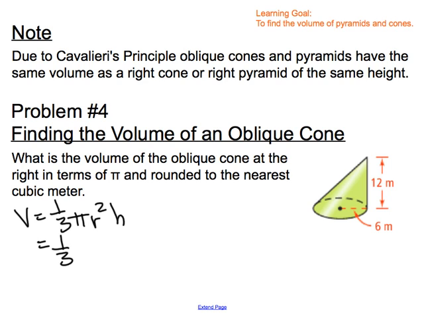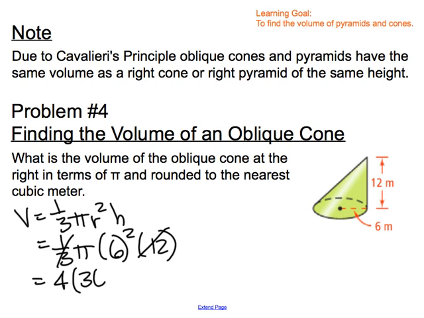So in this case, we have 1/3 times pi. The radius here is 6. We're going to square that. And we're going to multiply that by the height of 12. Here again, I would take the 1/3 of 12, and I would say that that's 4. 6 times 6 is 36, and I'd multiply that by pi. 4 times 36 is 144, so this is 144 pi meters cubed.